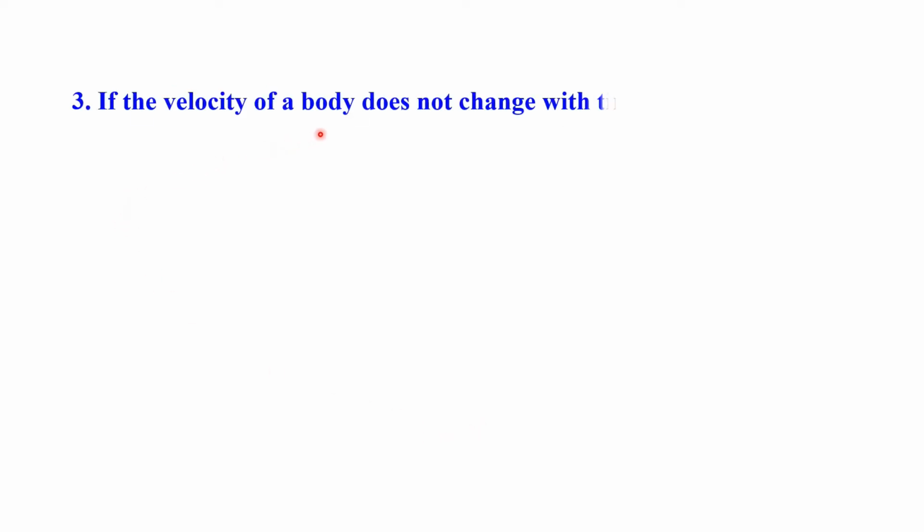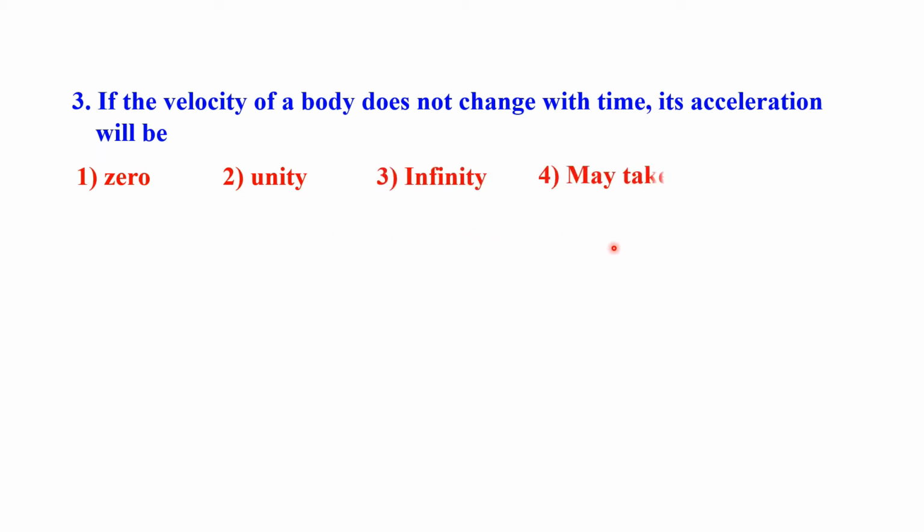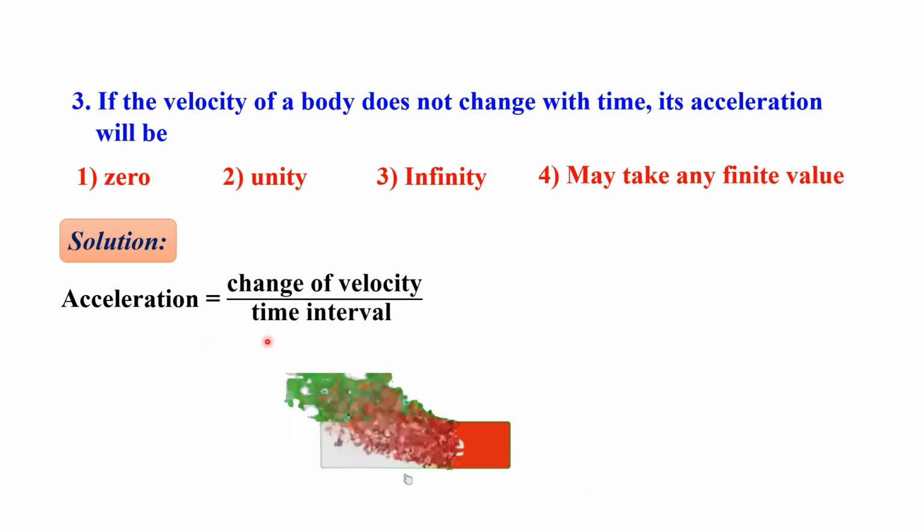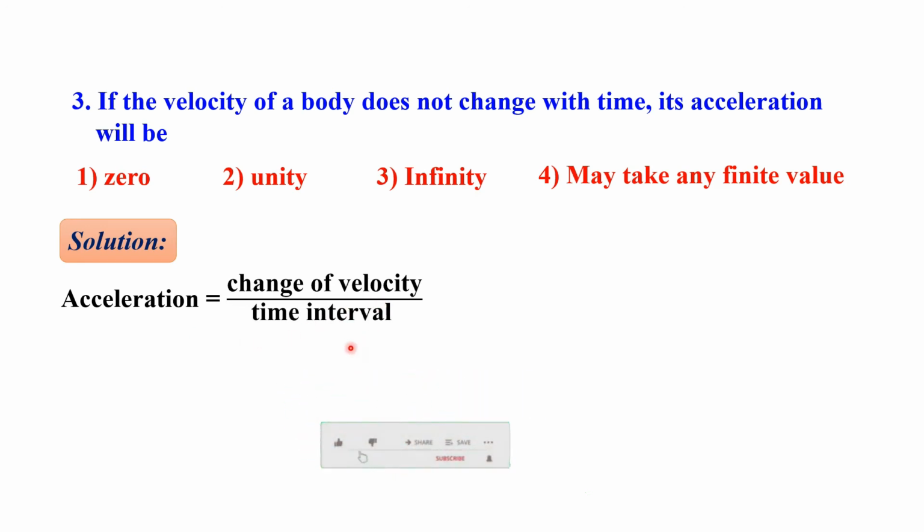If the velocity of a body does not change with time, its acceleration will be: 0, unity, infinity, or may take any finite value. Let us go to the solution. Acceleration is equal to change in velocity by time interval.